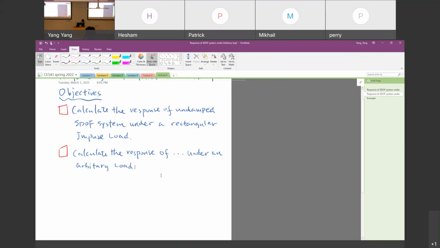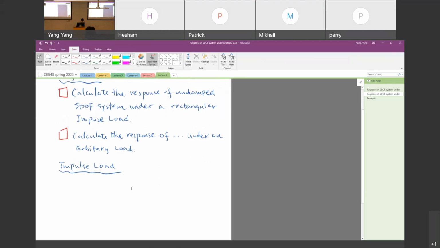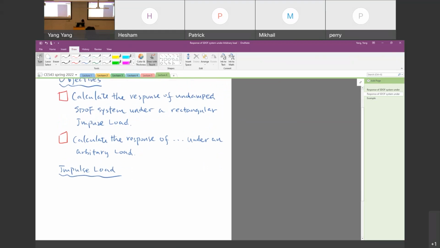The first thing we need to know is what is the impulse. The impulse load is a load of very short duration.